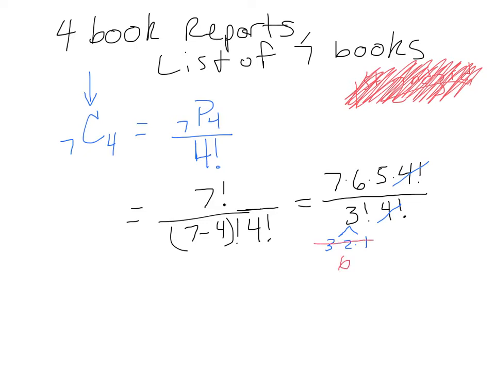So instead of having this and this, we really have 6. The 6 on the bottom can divide with this 6 on top. So as you see, 7 times 5 is 35, and your numerator is completely simple. So 35 over 1 is 35 different ways of writing a book report for this English class.